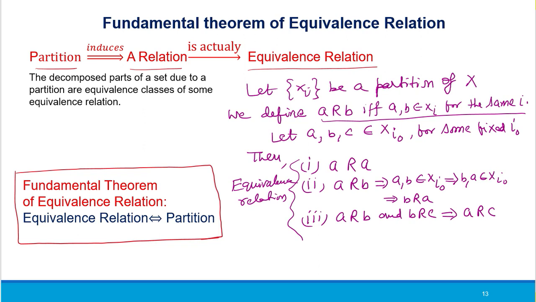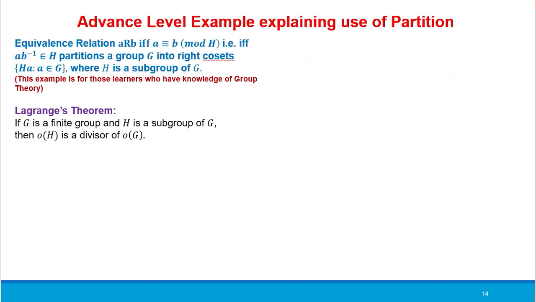Now, in the last, we move to have the proof of a very famous theorem in algebra, and that is Lagrange's theorem, and that also with the help of partition and equivalence relation.